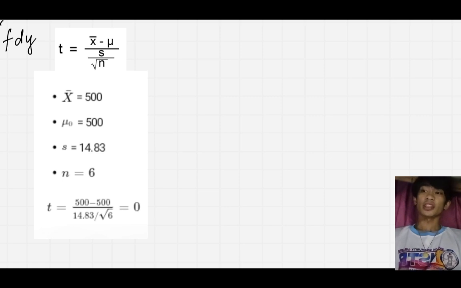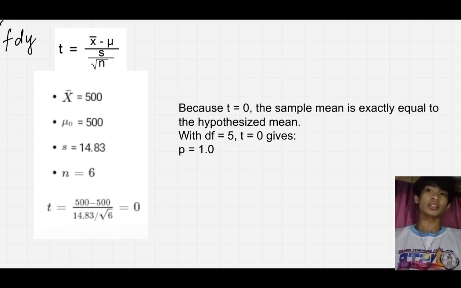So t is equal to 500 minus 500 over 14.83 divided by the square root of 6, which is equivalent to 0. Because t is equal to 0, the sample mean is exactly equal to the hypothesized mean. With degrees of freedom equal to 5, t equal to 0 gives p equal to 1.0.